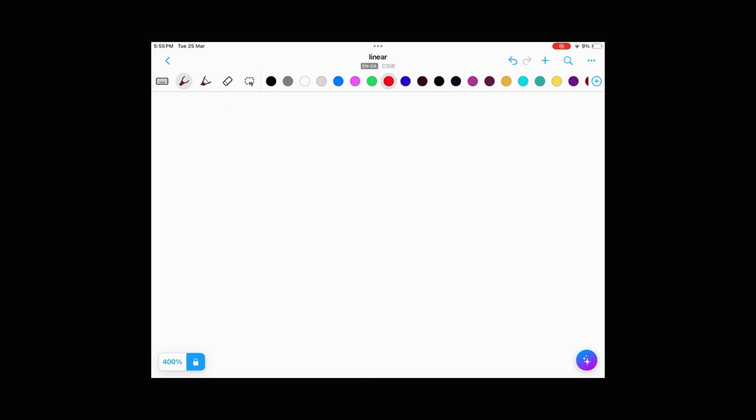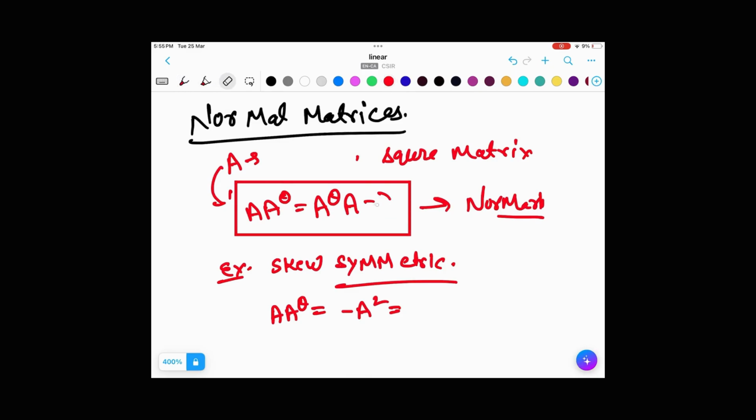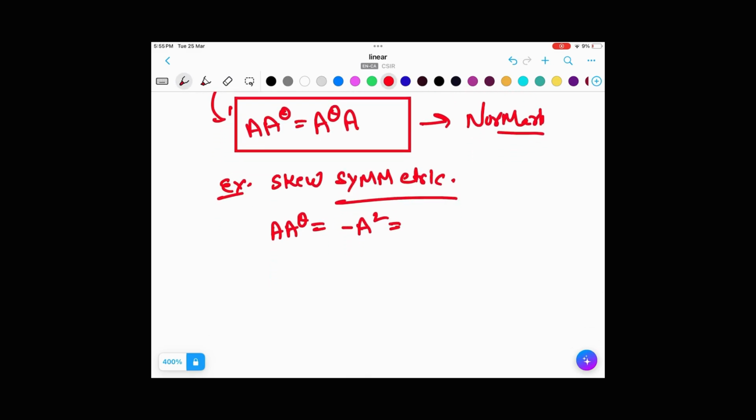An example is skew-symmetric matrices, because in a skew-symmetric matrix, A into A theta equals minus A square. A normal matrix satisfies A into A theta equals A theta into A, only this.